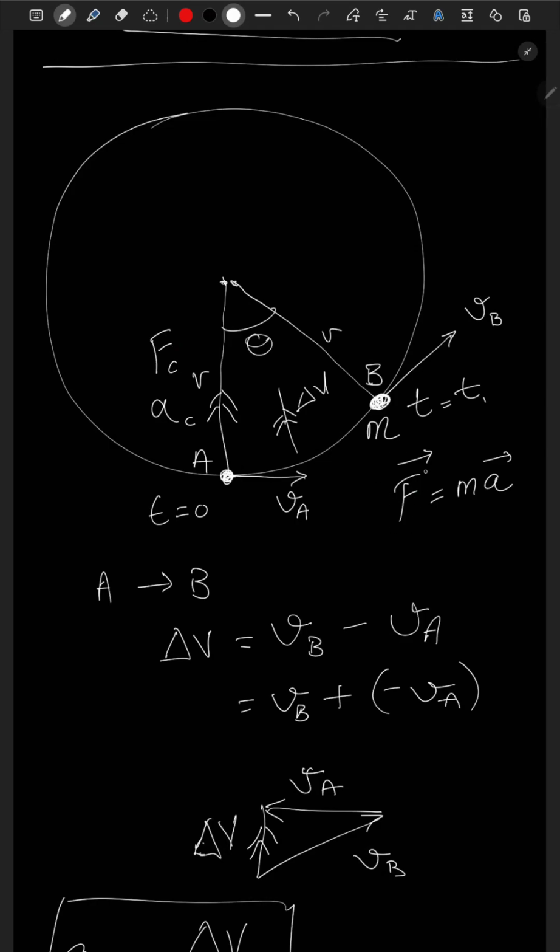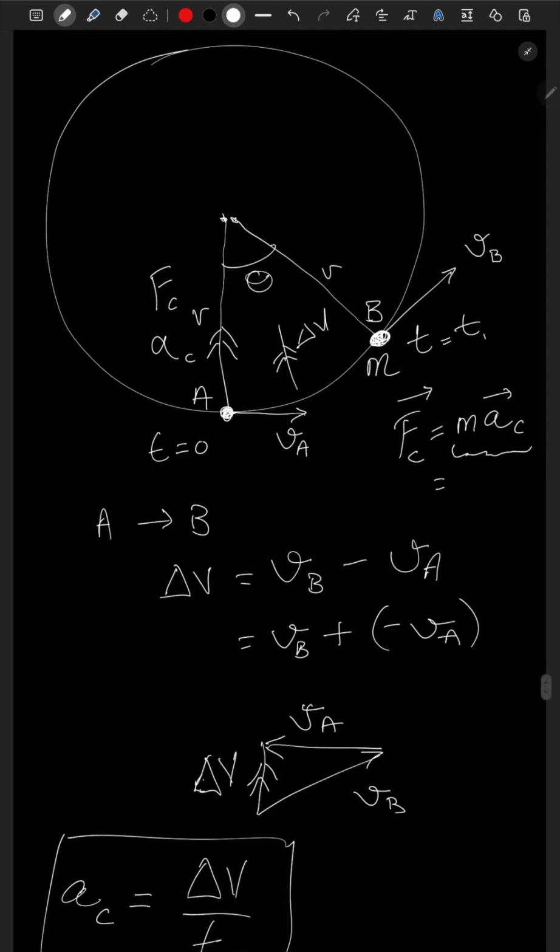And now we give this a new name. We call it the centripetal force, and this would be the centripetal acceleration. The mass is just a constant. So remember, if you want to find the centripetal force acting towards the center of the circle, you just have to multiply the mass and the acceleration of the particle.